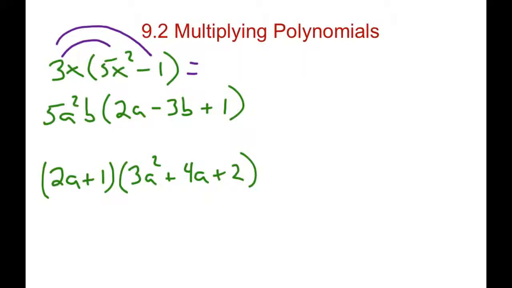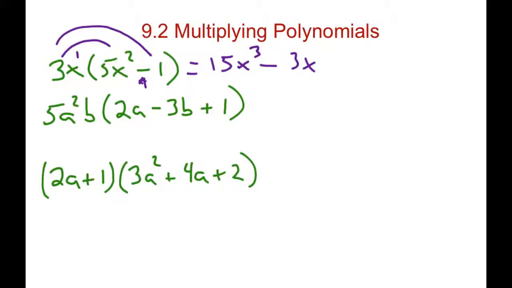So if I have 3x times 5x squared, 3 times 5 is 15. X to the first power times x to the second power is x to the third power, because we keep the base x and we add the exponents. Right, now that subtraction right there is going right here. And then 3x times 1 is 3x. And then that's it.